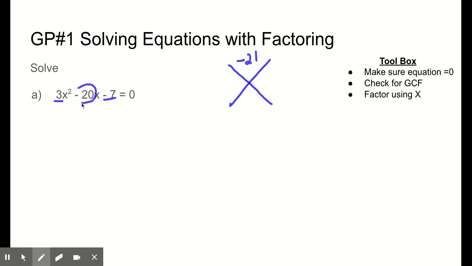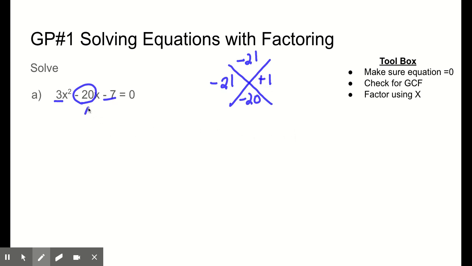Our b value is negative 20. That's going to go at the bottom of the x. So we're looking for factors of 21 that are going to add up to negative 20. Our factors are going to be 21 and 1. Because we're multiplying to get a negative, 1 must be positive, 1 must be negative. Because we're adding to get the negative, the bigger number must be negative.